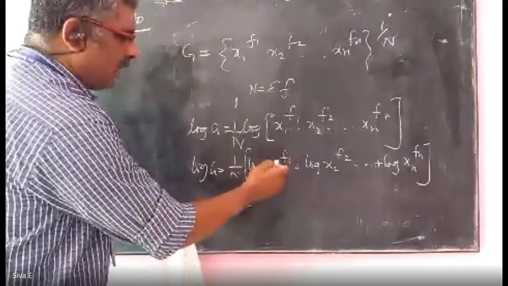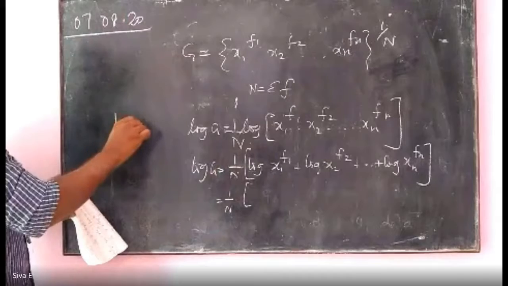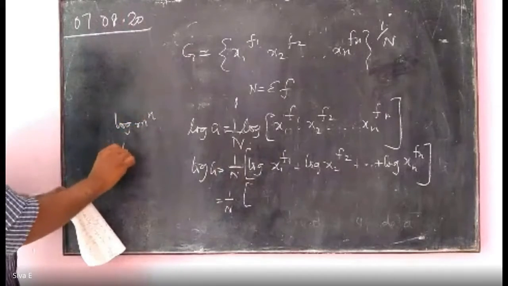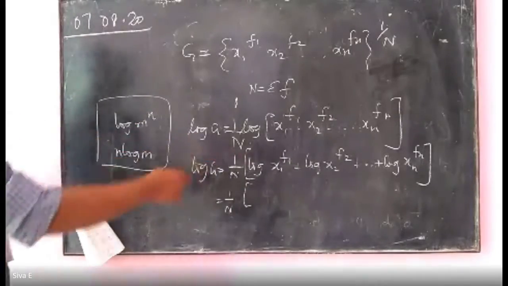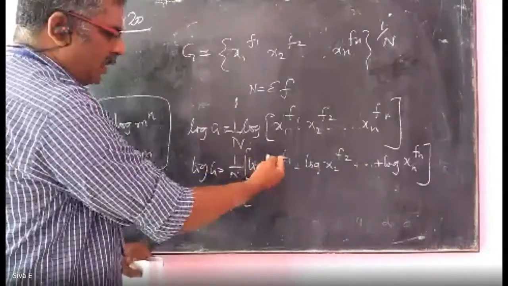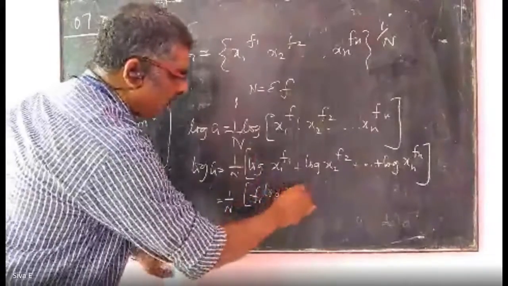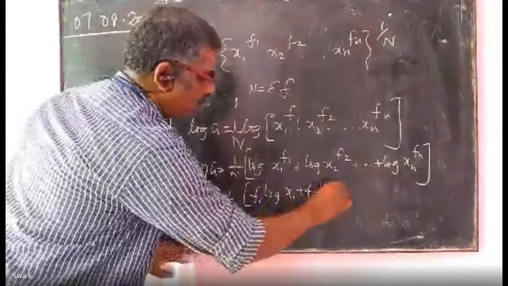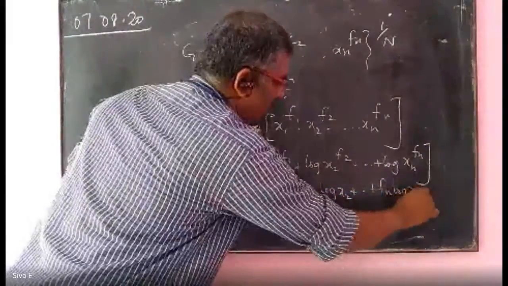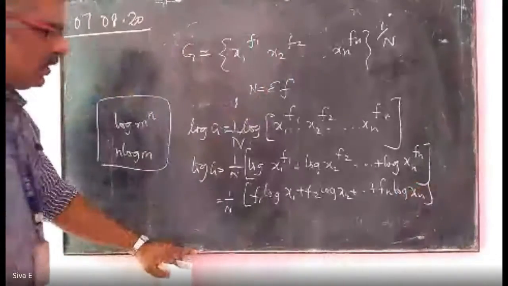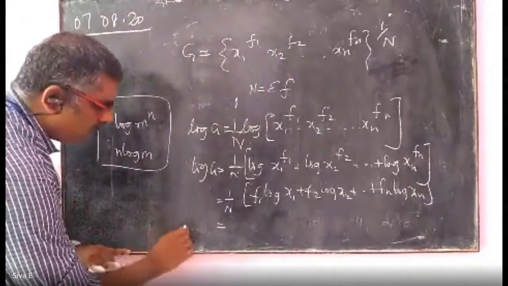Once again, log x1 f1. You have to use that log m^n formula, n log m. You once again use that same formula here. You have to bring that f1 to the front. So f1 log x1, f2 log x2, fn log xn. Therefore, finally you will get G directly.